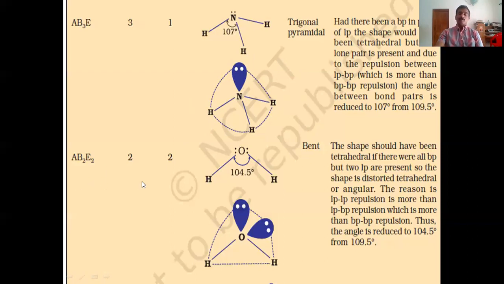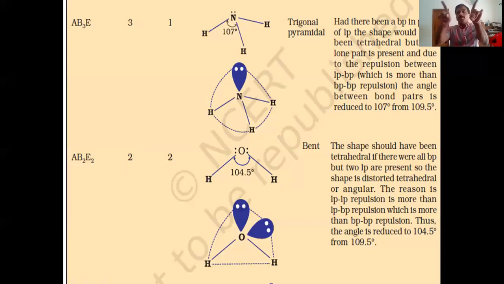Another example is H2O. Here, 2 bond pairs and 2 lone pairs are present. Here you can see these 2 are lone pairs and these 2 are bond pairs. Here lone pair lone pair repulsion is greater than lone pair bond pair repulsion, which is again greater than bond pair bond pair repulsion.